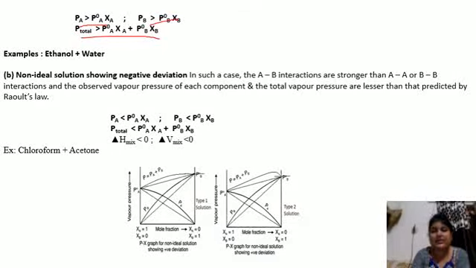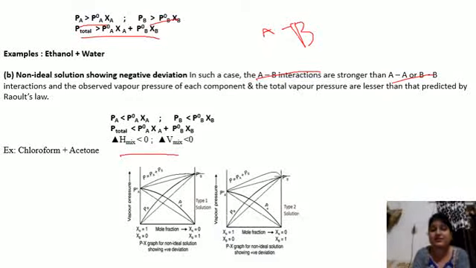The second one is the non-ideal solution with negative deviation. In this, it will be the opposite. That means the partial pressure, okay? Yeah, the interaction between A and B, okay? That is more stronger than AA or BB. That means here the change in enthalpy will be less than 0.